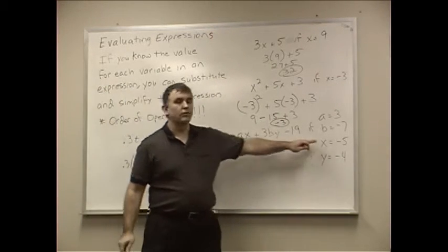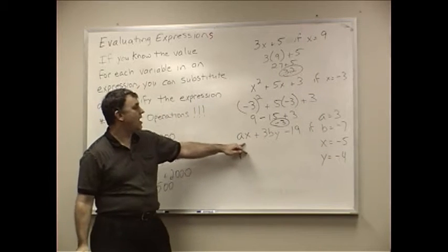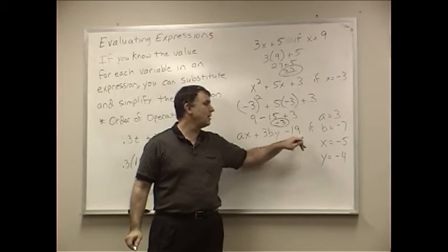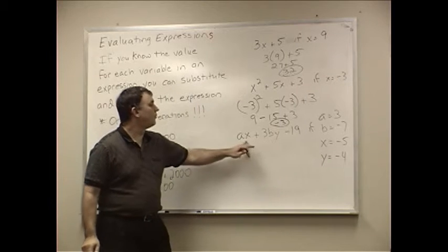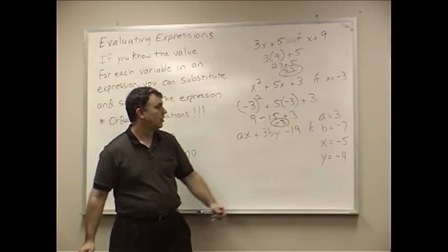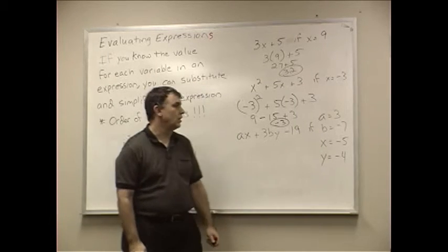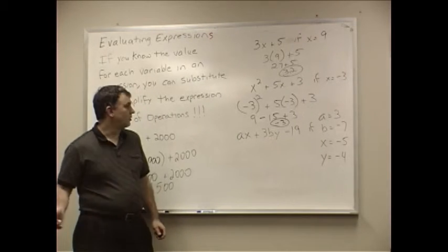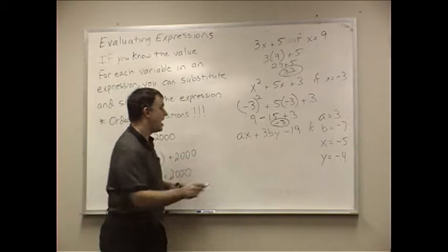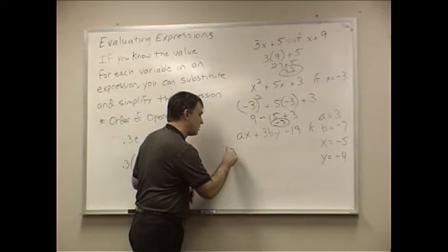The last one looks like a real monster. It's got ax plus 3by minus 19. There are 4 different variables in this. Notice I had to give you 4 different values for each variable. So I'm going to go ahead and substitute those in. For the a, I've got a 3.